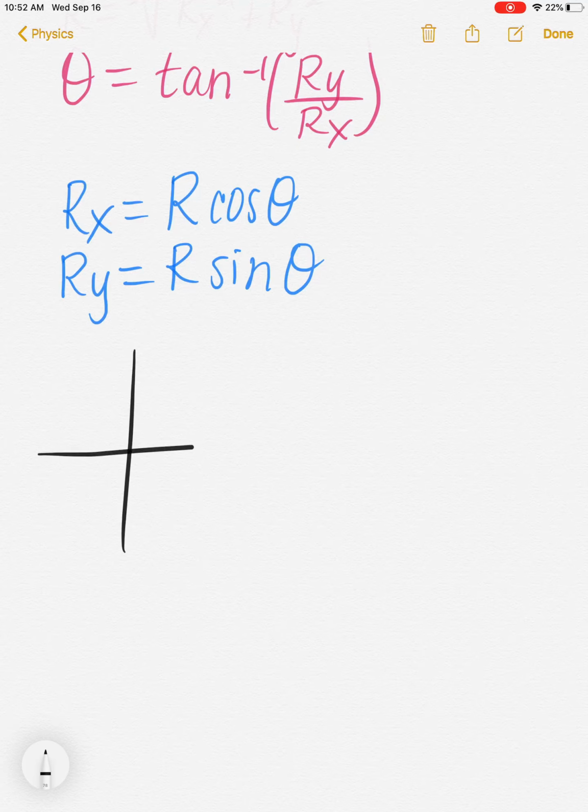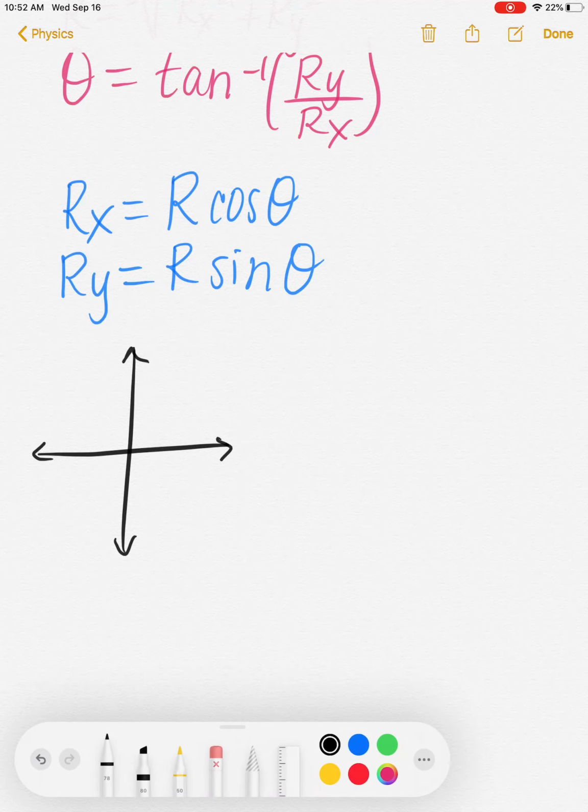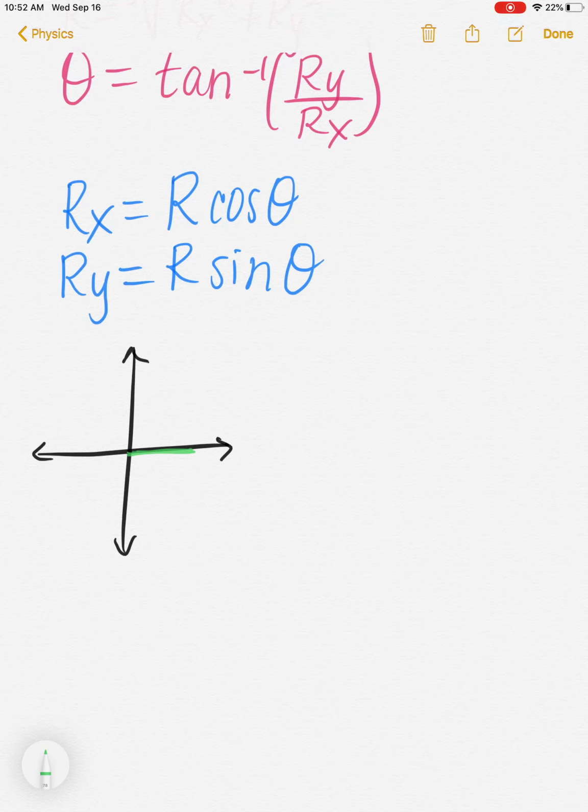All right, so let's draw an XY plane here. And let's say that you have one vector that is directed exactly along the x-axis, and it has a magnitude of 30 newtons.